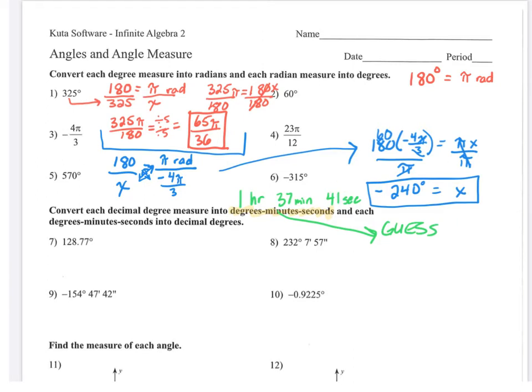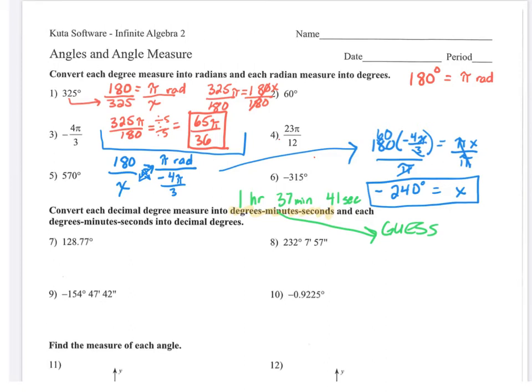So you might have like 1.63 or something hours is 37 minutes and 41 seconds. It's the exact same thing in degrees, because you're talking about a circle: 60 seconds are in a minute, 60 minutes are in 1 degree.